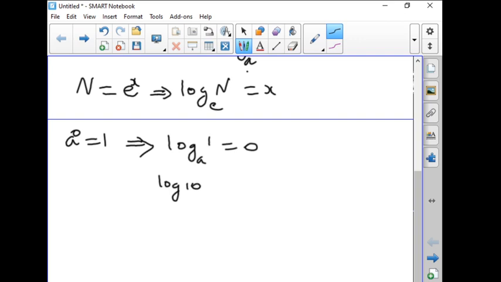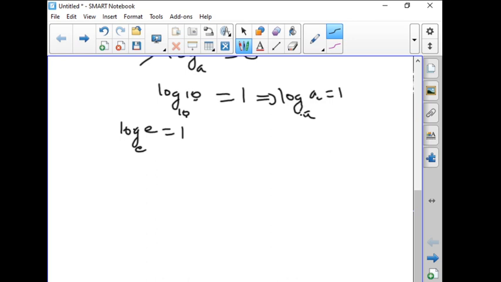If you take log 10 to the base 10, then if both the base and this element are equal, it is equal to 1. So, in general we can also write log a to the base a is equal to 1, or log e to the base e is equal to 1.